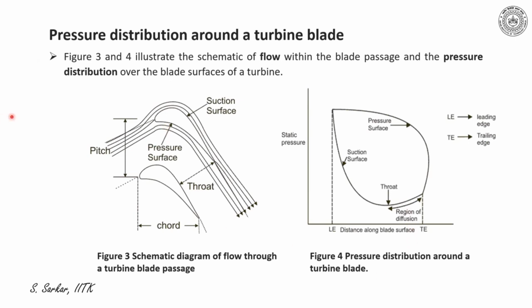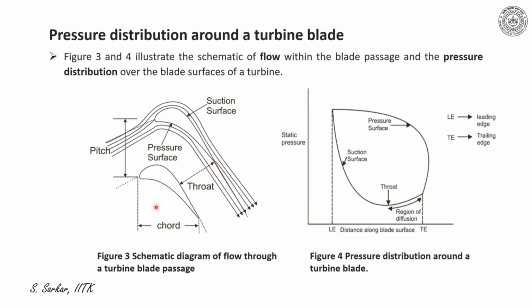Figures 3 and 4 illustrate the schematic of flow within the blade passage and the pressure distributions over the blade surfaces. Please note in figure 4, I have indicated the axial chord of the blade, the pitch, and the throat.